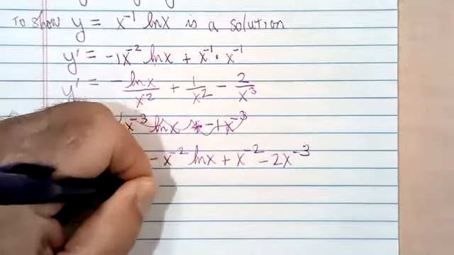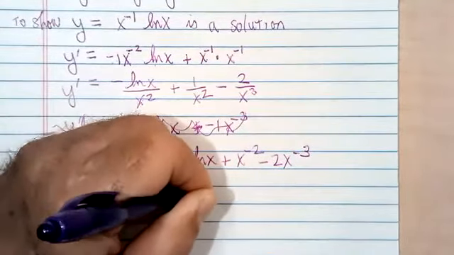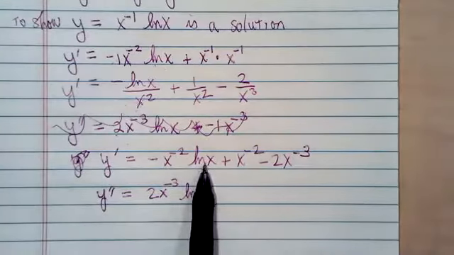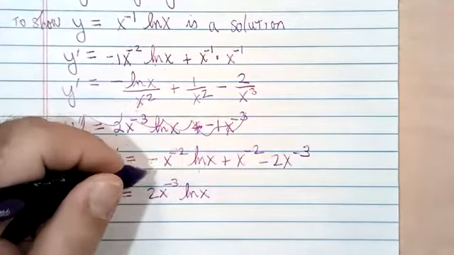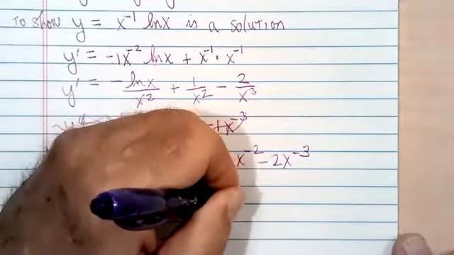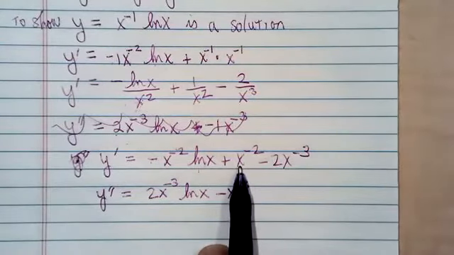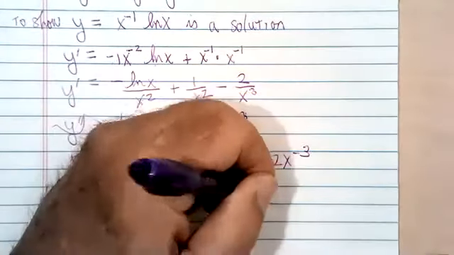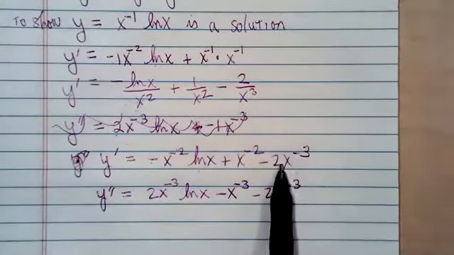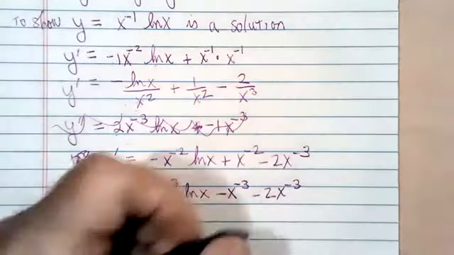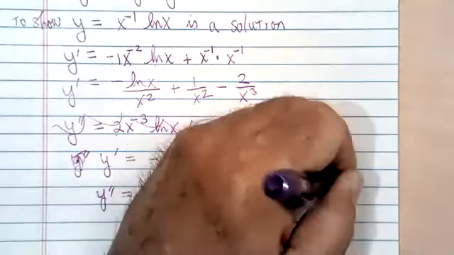Minus 2 times minus 1, 2x to the minus 3 log x. Now take the derivative of log x. I'll get minus x to the minus 2 times 1 over x, minus x to the minus 3. Now take the derivative of this term. Minus 2x to the minus 3, and now take the derivative of this, 2 times 3, plus 6x to the minus 4.